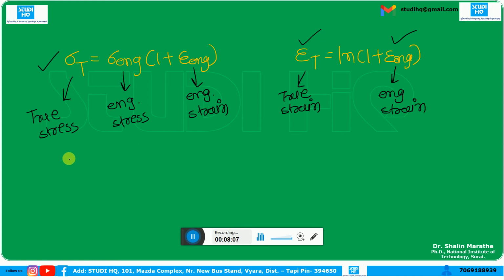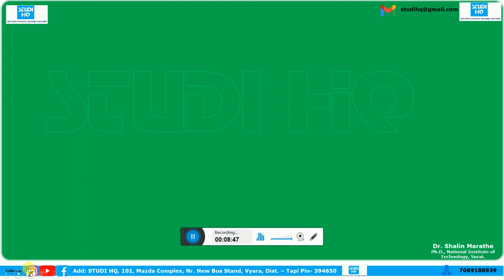The formula for that is load on area, and delta L by L. The unit will be Newton per mm square, and strain is unitless because mm upon mm is unitless. So this is the difference in the formula and the relation between true and engineering stress strain. Now let us see the difference in the graph.